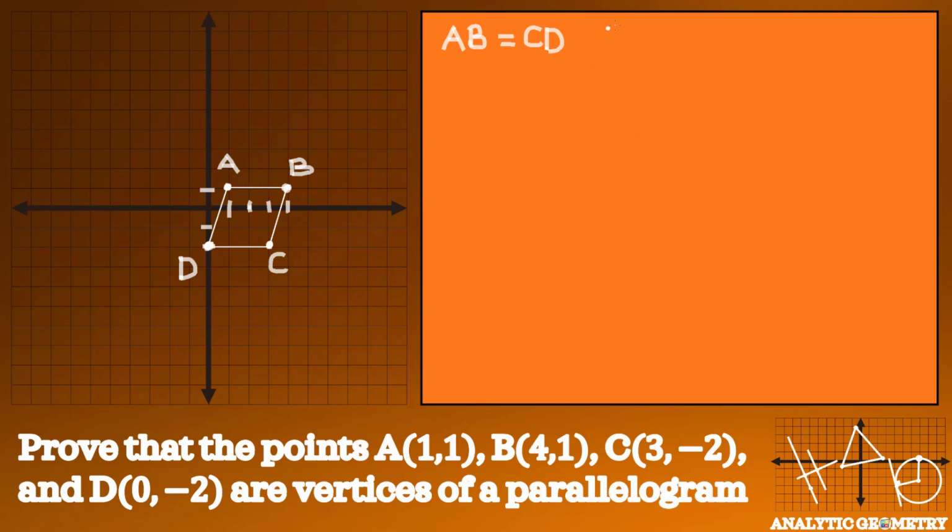At the same time, we also have these two other sides. Segment BC has the same measurement as segment AD, or in this case DA, again just to follow the name of the parallelogram ABCD. Take note, this is very different if we use this notation.